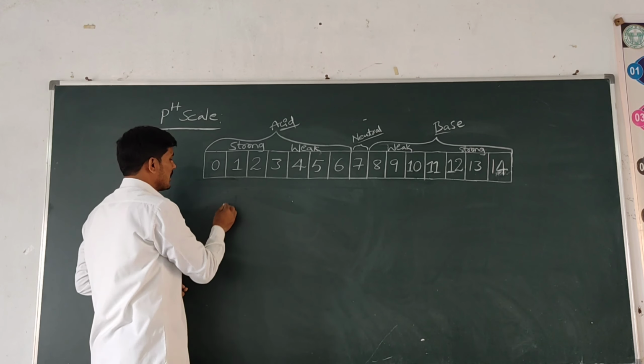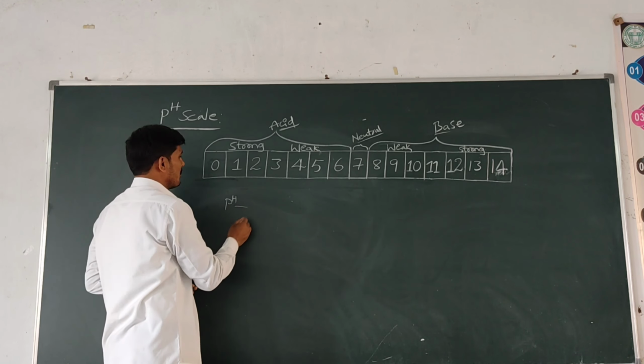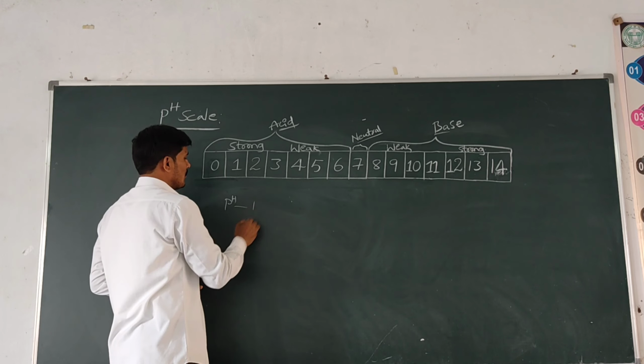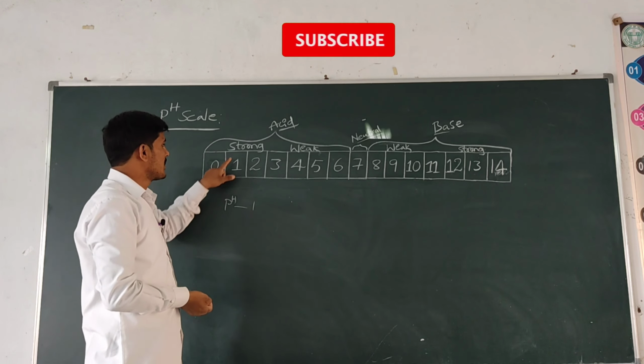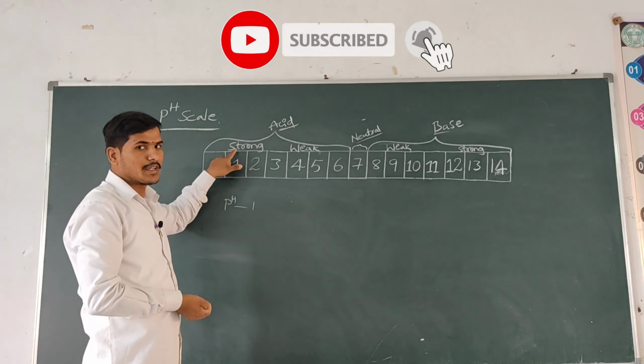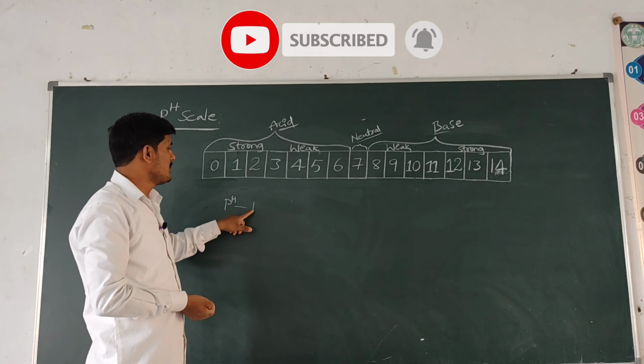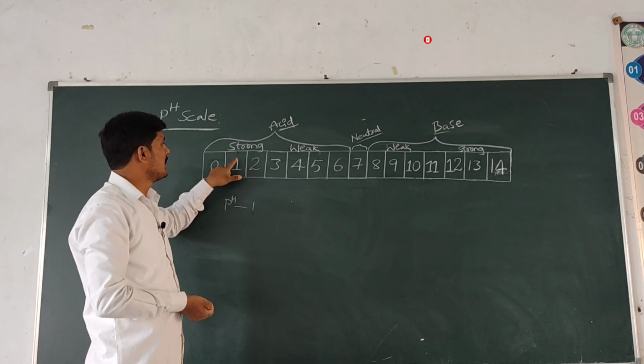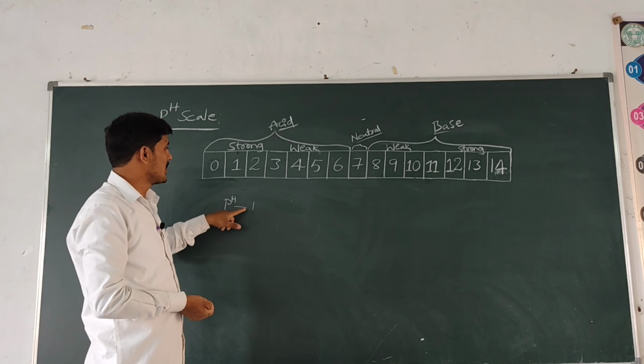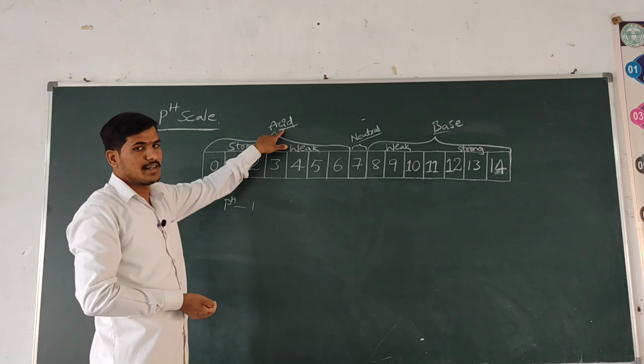For example, take pH value 1 on the scale. That means it is considered a strong acid. When the pH value is 1, we can say the solution has a strong acidic nature.